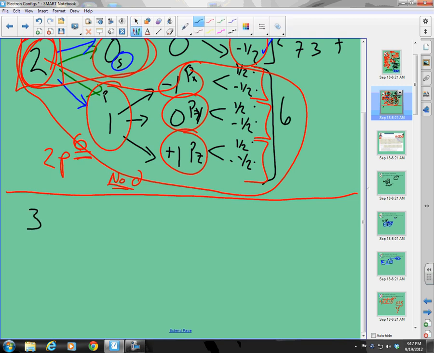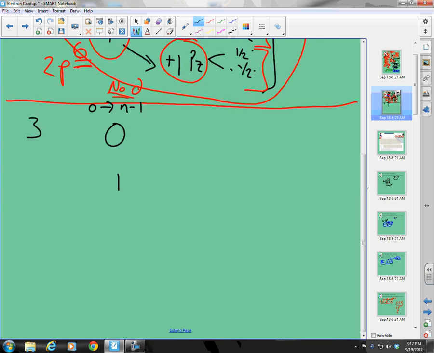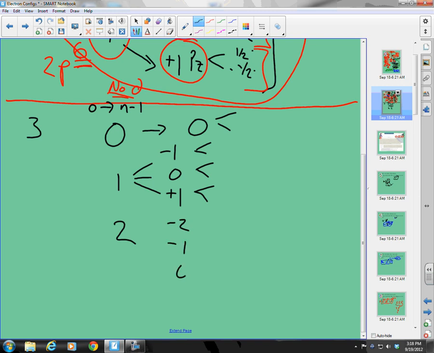And when n equals 3, what are my l's? l goes from 0 to n minus 1, so that means it would be 0, 1, and 2. For my 0, I have 1 orientation, and there are 2 electrons off of that. For my 1, I have 3 orientations, minus 1, 0, plus 1, and 2 electrons can be found in each of these. And when my l is 2, I have negative 2, negative 1, 0, 1, 2.